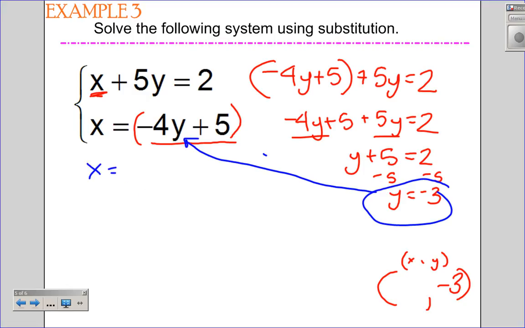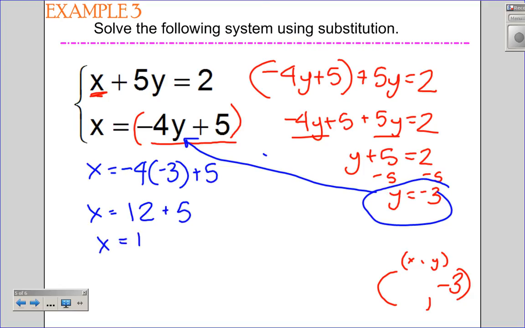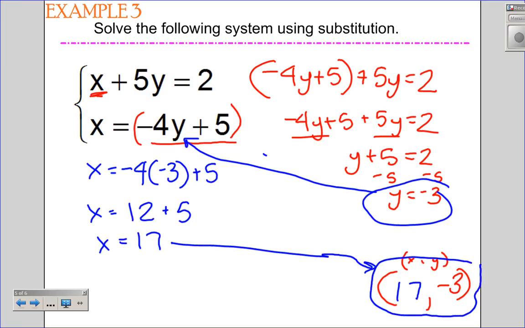So x equals negative 4 times negative 3 plus 5. X equals a positive 12, negative times a negative is positive, plus 5. So x equals 17. And that goes in the other part of my answer here. So I have my answer of 17, comma, negative 3.